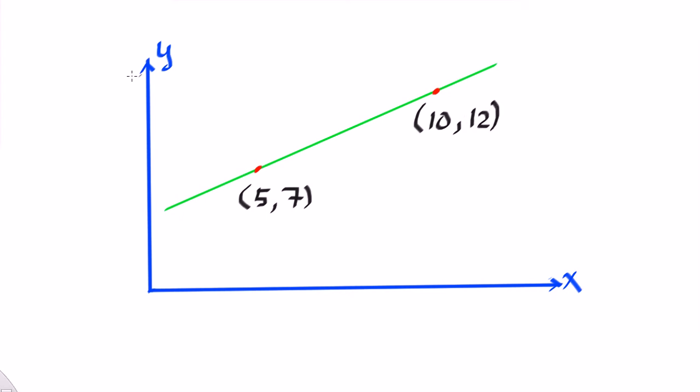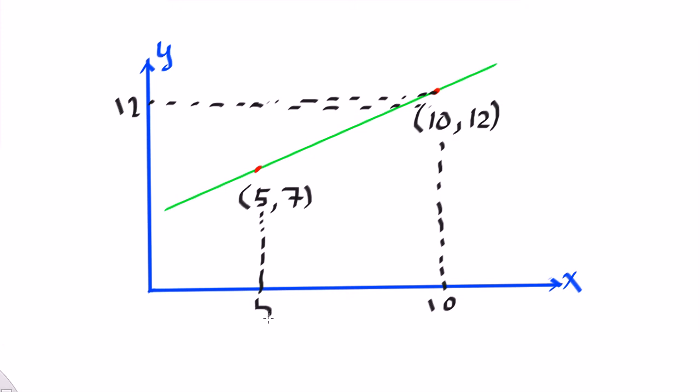So 12 units along y, and 10 along x, it's a bit messy. And for this first point, we would have 5 along x and 7 along y.